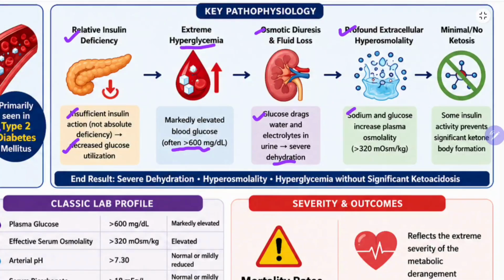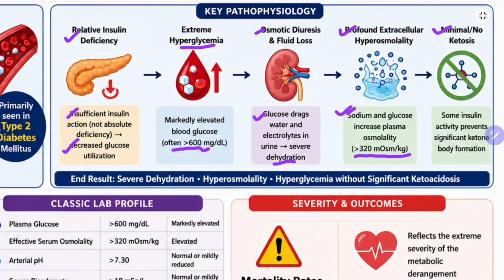Because of dehydration, there is increased concentration of sodium and glucose, and these increase the plasma osmolality to more than 320 milliosmol per kg.